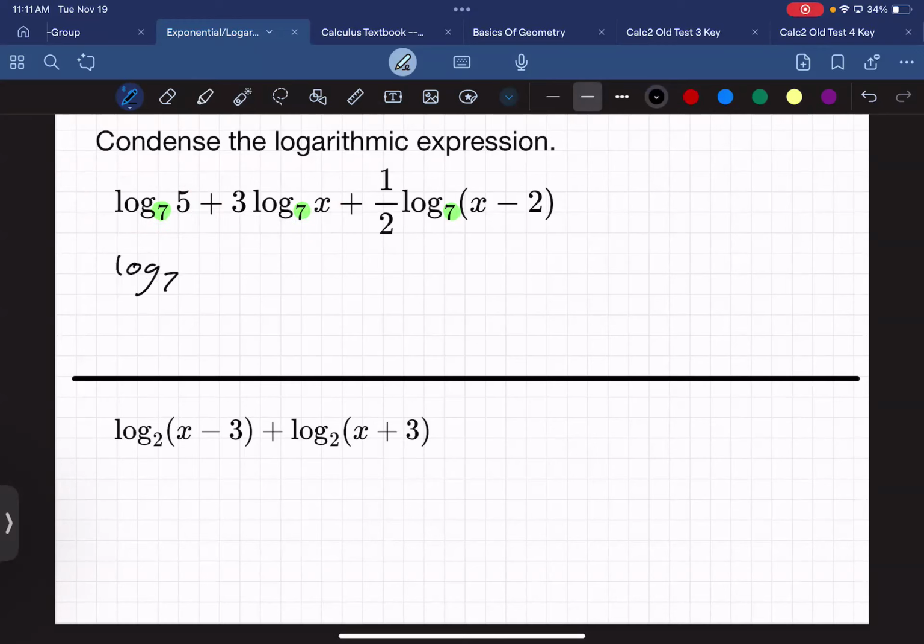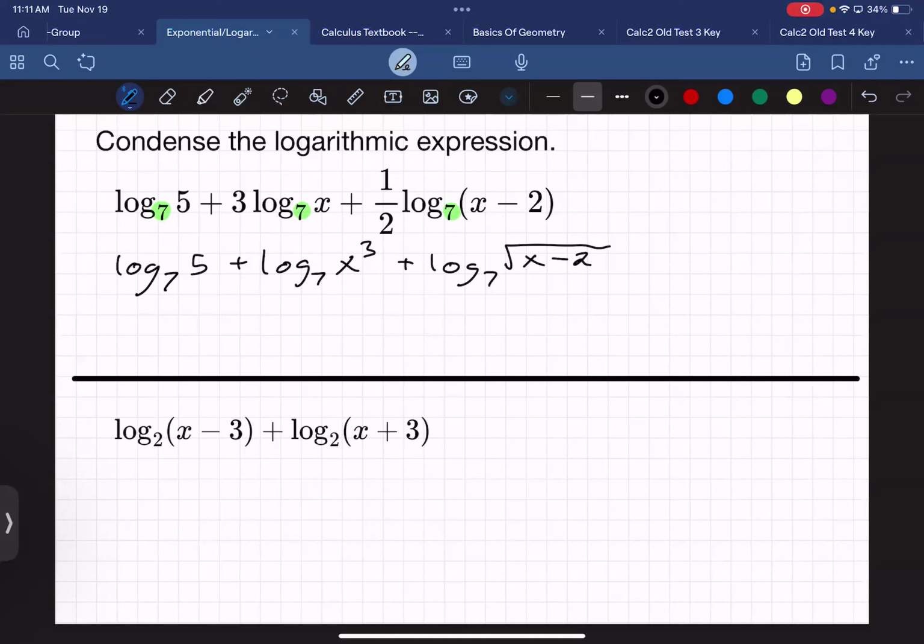All right, so I could say, hey, this is log base 7 of 5 plus log base 7 of x cubed, right? What did we just say 1/2 was though? It's a square root. You could just go straight to square root when you see that. That's going to be up to you to remember, right? If you put it as an exponent, it's not technically wrong, but also make sure we're comfortable like, hey, the 1/2 is a square root, 1/3 is a cube root, and so on.